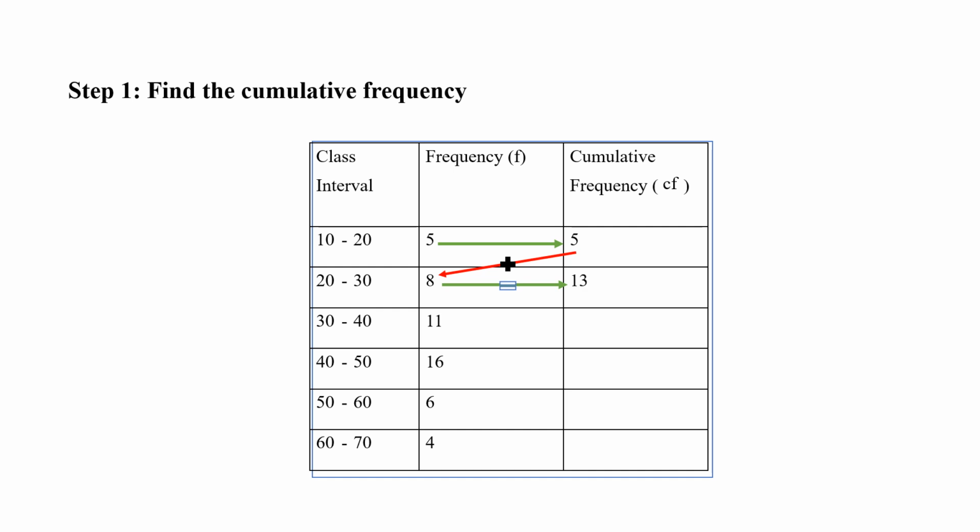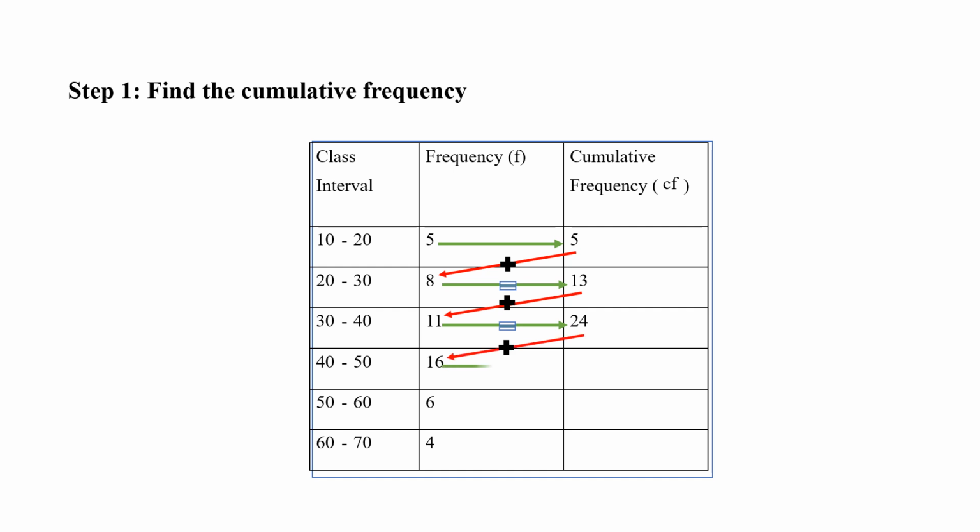So 5 plus 8 equals 13, and 13 plus the frequency of the third class, 13 plus 11, gives us 24. Continue this process for the other classes.